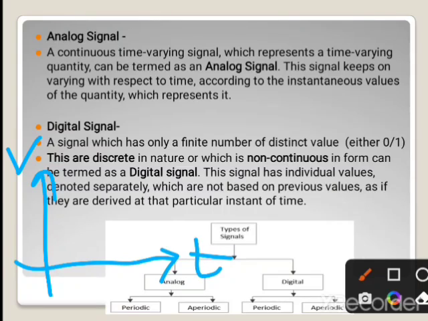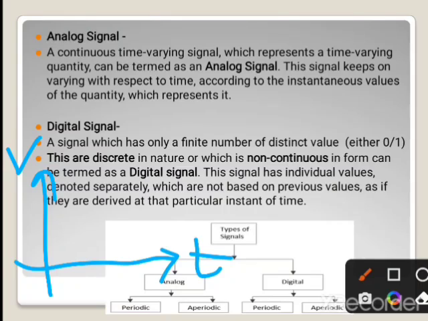So an analog signal is the continuous time varying signal. Okay, as your time varies, this signal continuously varies, and that is called an analog signal. This signal keeps on varying with respect to time, according to the instantaneous value of the quantity which it represents. So it is nothing but your analog signal.